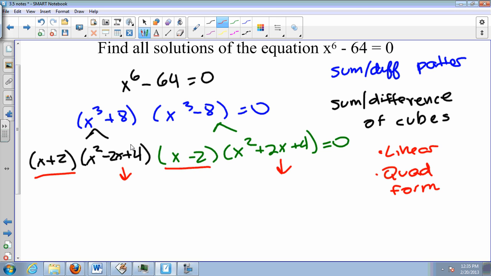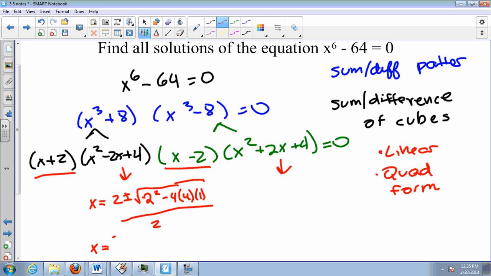So for x squared minus 2x plus 4, it goes to x equals 2 plus or minus the root of negative 2 squared minus 4 times 1 over 2.